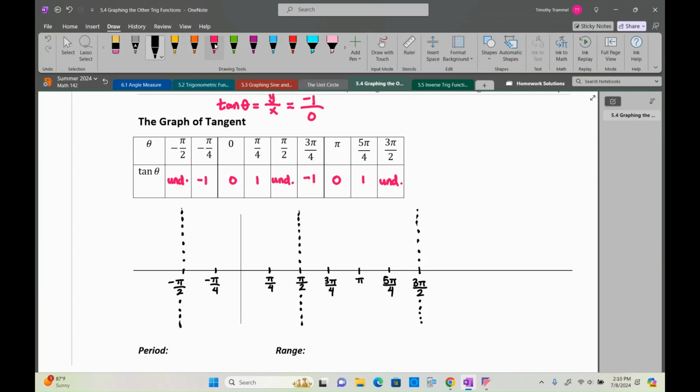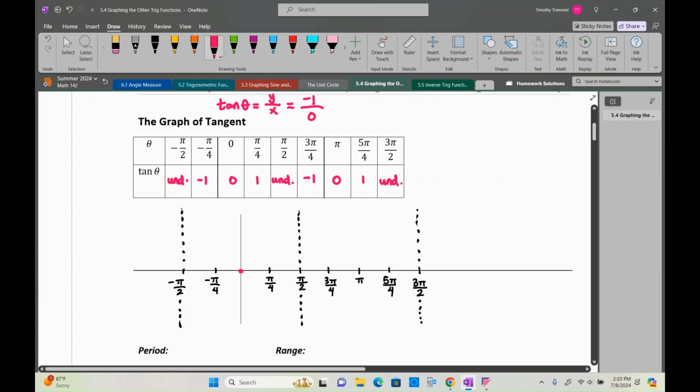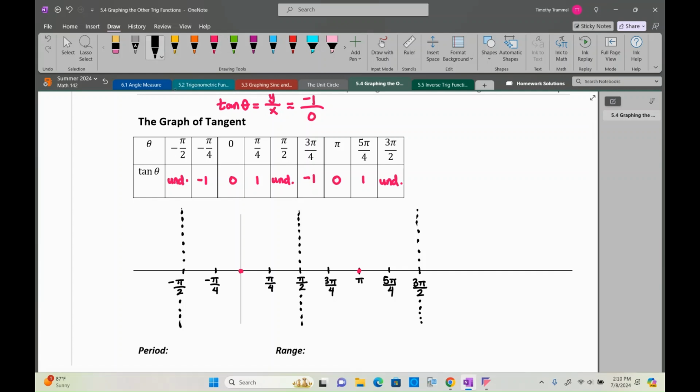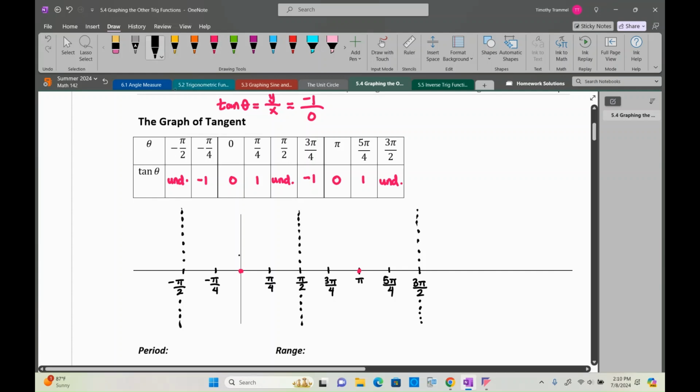Now, we could also go in and fill in these zeros in the middle here. Okay. And I do need a 1 and -1 on my y-axis. There we go.